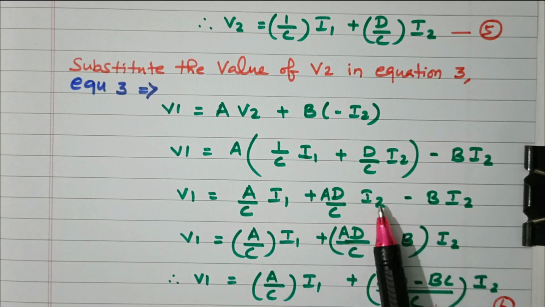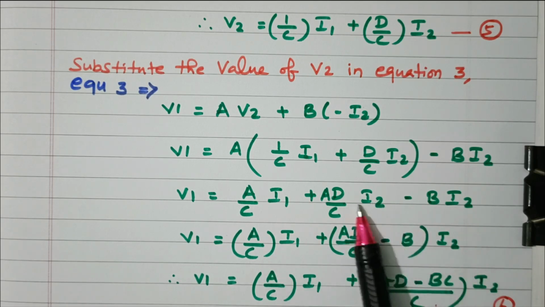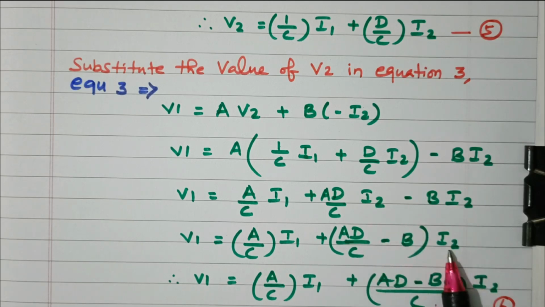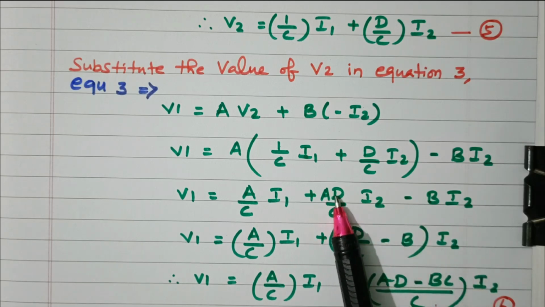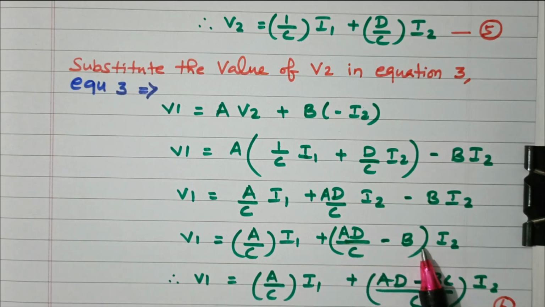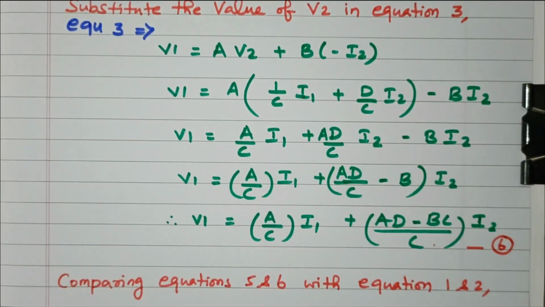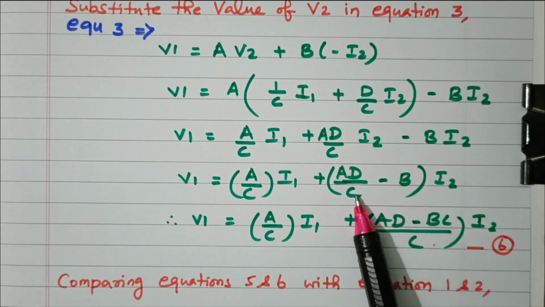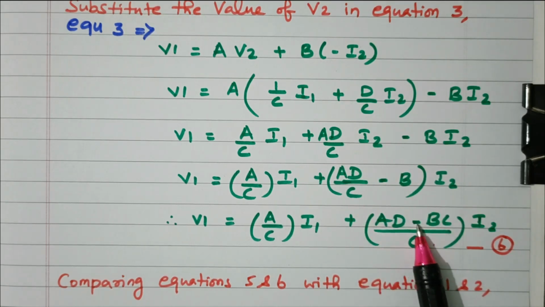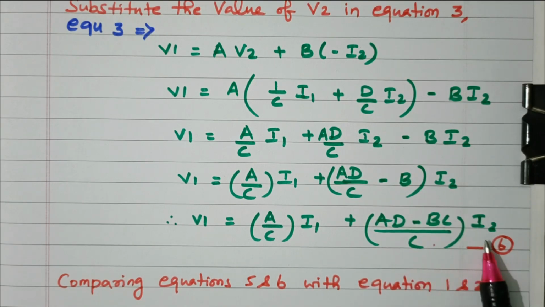Now the I1 term is available, and I2 has 2 terms. We will take I2 common. While taking I2 common, what happened? AD divided by C minus B. So this is the equation. Now we'll take the LCM of AD divided by C minus B. So with the LCM it becomes AD minus BC; here we assume that 1 is there, so we need to multiply with C. So AD minus BC divided by C of I2.